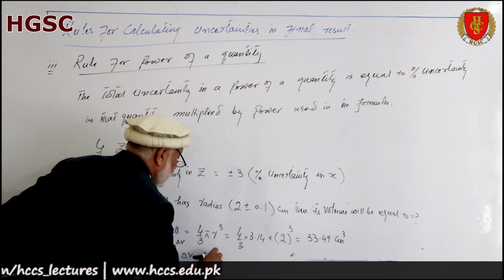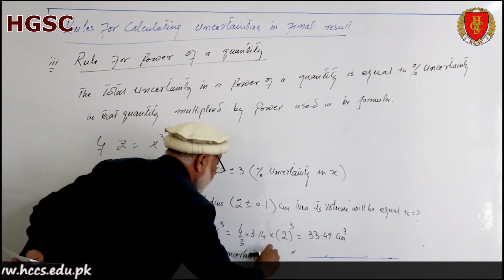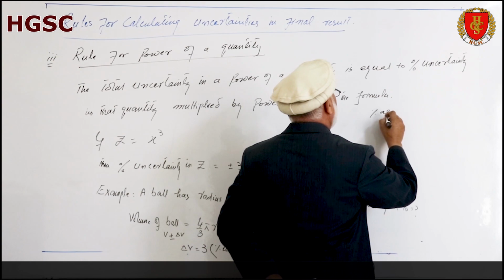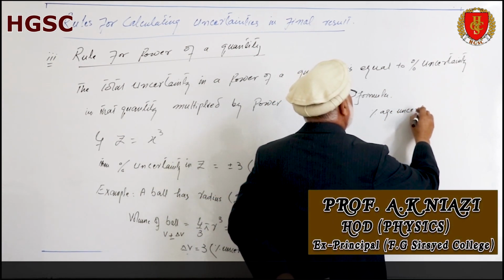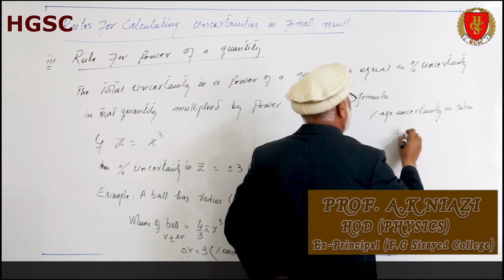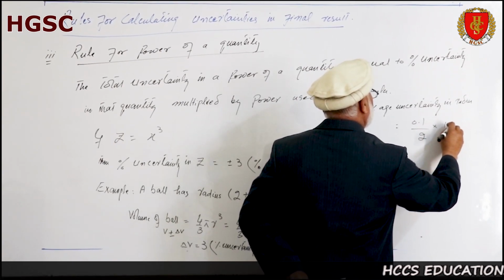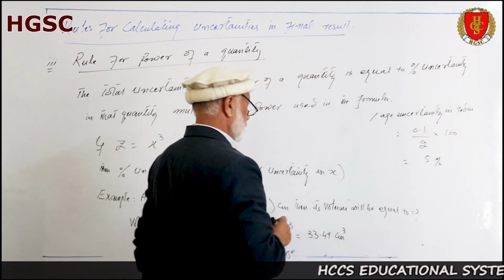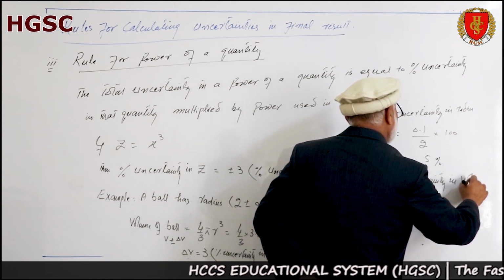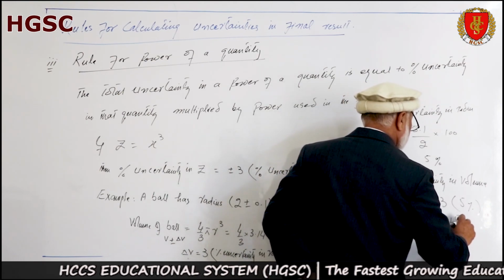Now the percentage uncertainty in radius is equal to 0.1 divided by the actual value, multiplied by 100, which comes to about 5%. So the percentage uncertainty in volume is equal to 3 multiplied by the percentage uncertainty in the radius, this is 15%.